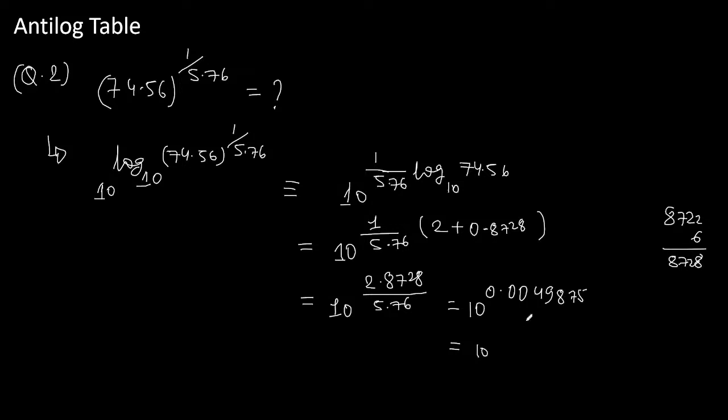Our aim is to make it only up to 4 digits. So can we say 0.0050? Now we will go to the anti-log table. From here we will go to the anti-log table, and from here we will go to the log table.